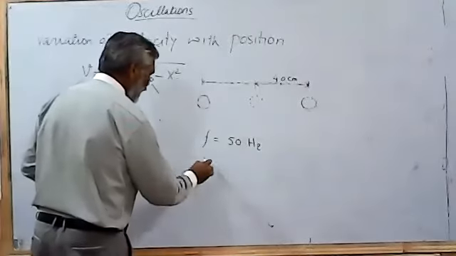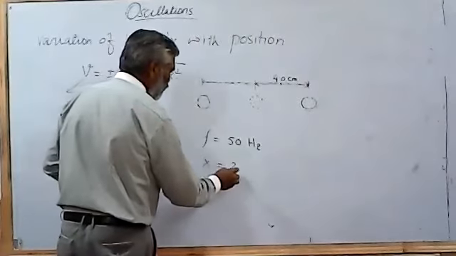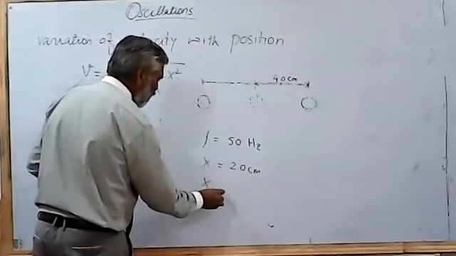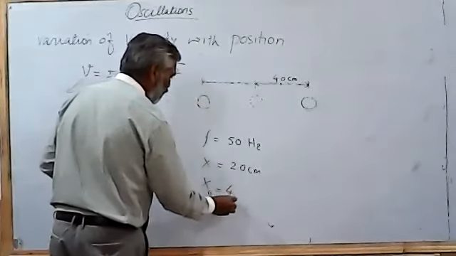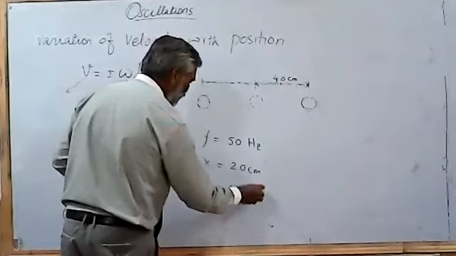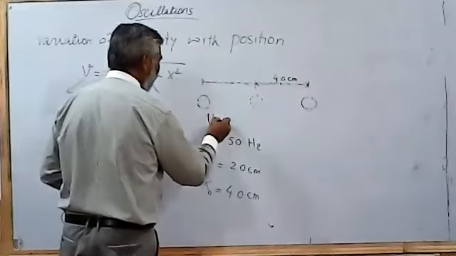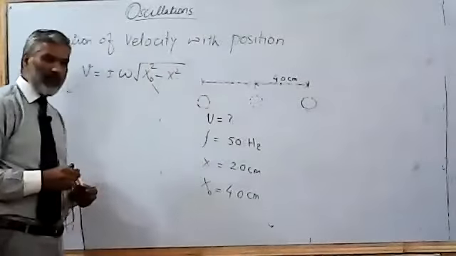So the value of x is given to be 2 centimeters, and x naught is already known, this is 4 centimeters. So we want to calculate the value of v with this set of values given.